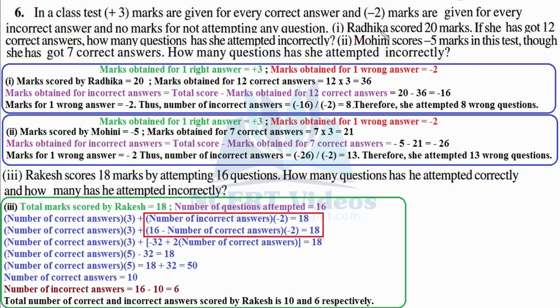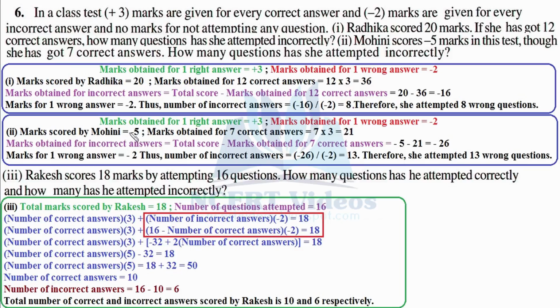So this was for your Radhika. Now, Mohini scores minus 5 marks in this test. Now, she has got 7 correct answers. How many questions did she attempt incorrectly? Now here, the same thing, because the same test, they both are in the same class. The marks scored by Mohini is minus 5. It is given to us.